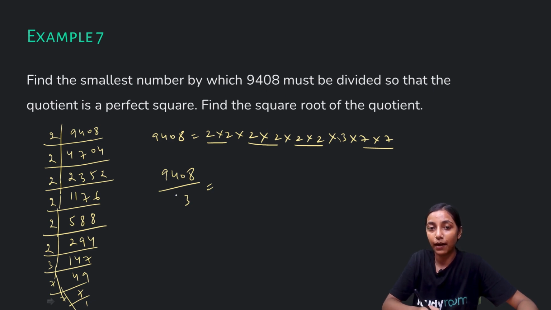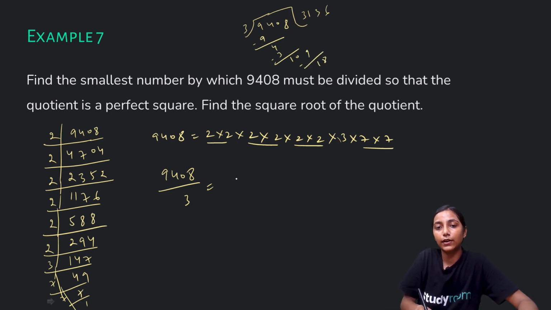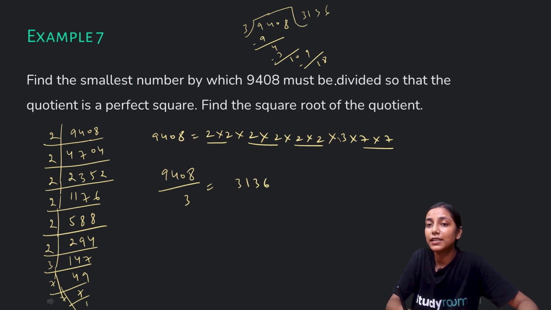Divided by 3, you get 3136. So the quotient is 3136, and the smallest number by which we are dividing 9408 is 3.